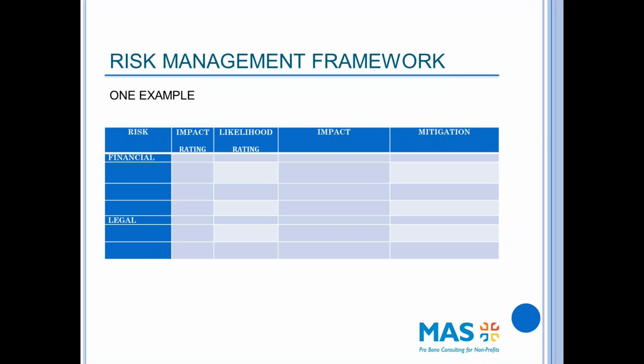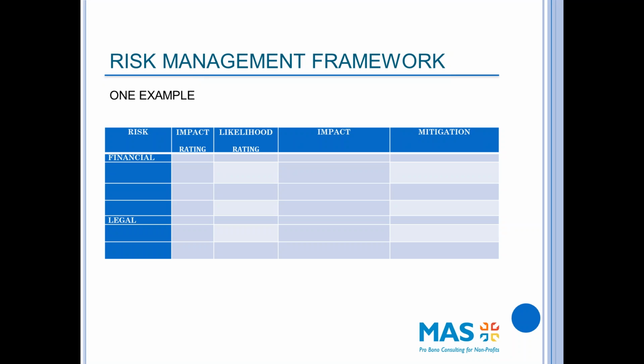What are the specific risks that I have in the organization? How do I rate the likelihood that it will happen? How do I rate the impact of that happening? In the fourth column, what is the consequence if it does happen? And the last column is, what am I doing to mitigate that risk, how am I managing it?